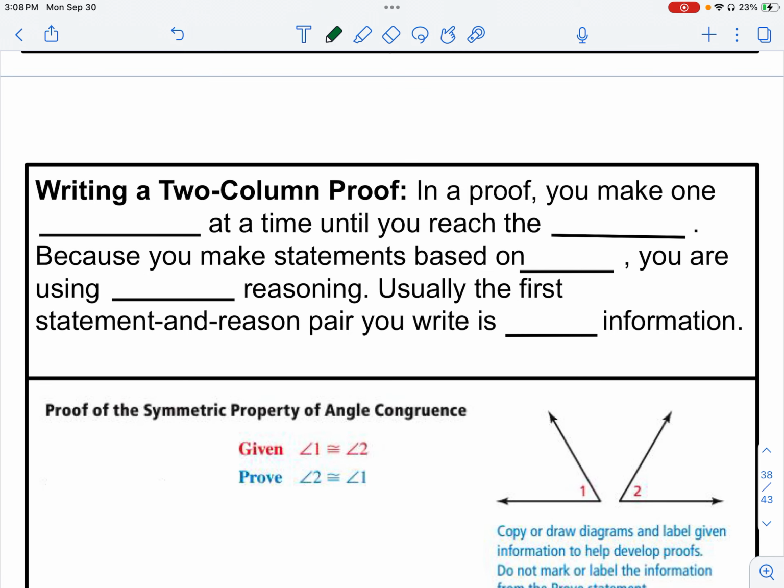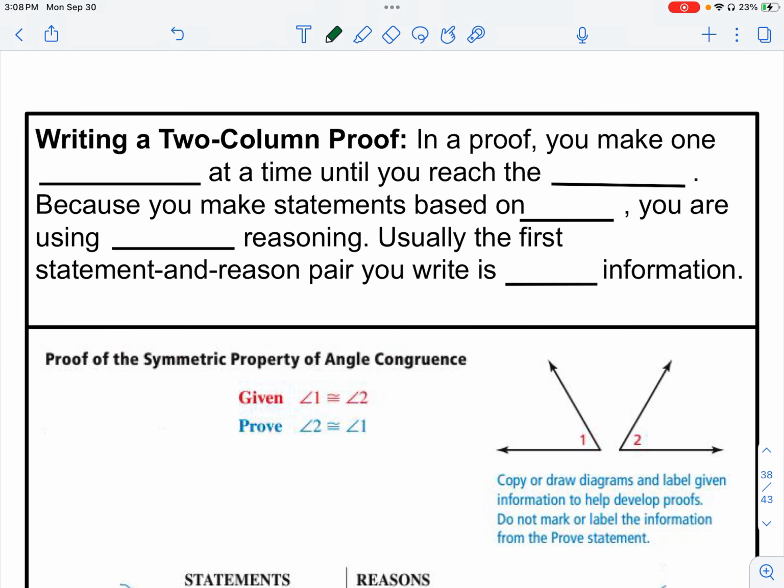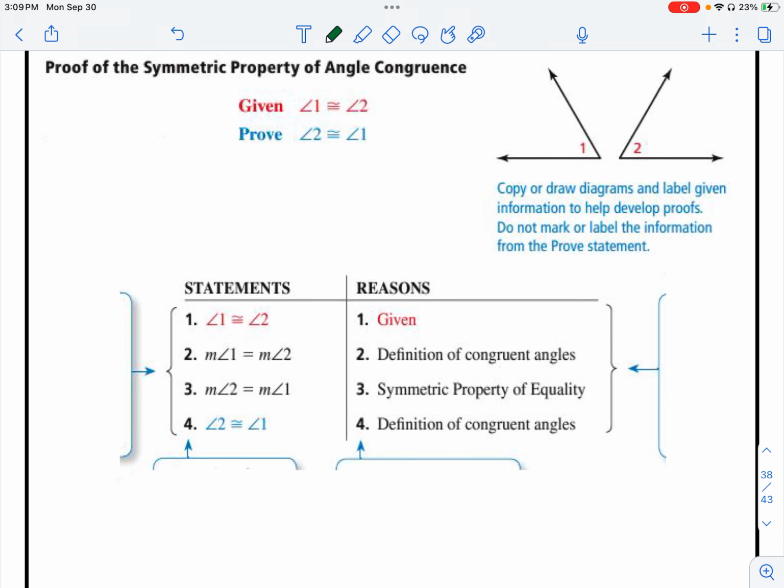So let's go over our two-column proof again. When we have a proof, we make one statement at a time until we reach the conclusion, wherever that may be. Because we're making statements based on facts, we're using deductive reasoning. And usually the first statement and reason pair we write is our given. So let's look at a proof and add some more flavor around it.